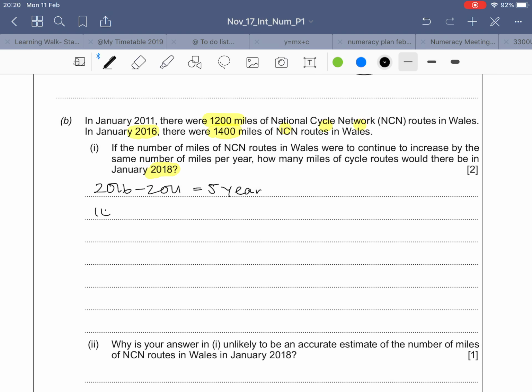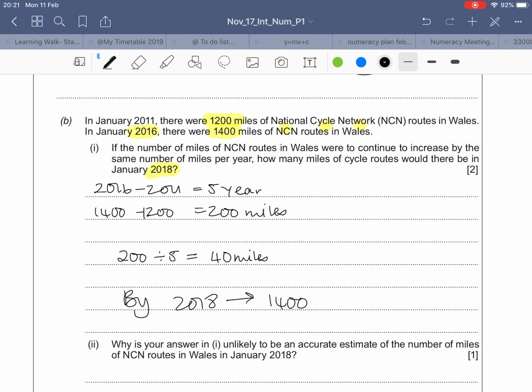So over those 5 years, they managed to secure an extra 200 miles of track. So if they continued on a similar rate, not necessarily likely, but if we say those 200 miles was spread evenly over the 5 years, then that would make us believe that they did 40 miles of track each year. So by 2018, 2 years later, they would be the 1,400 we've already got here, and another 2 years worth of cycle track, making it 1,480 miles.